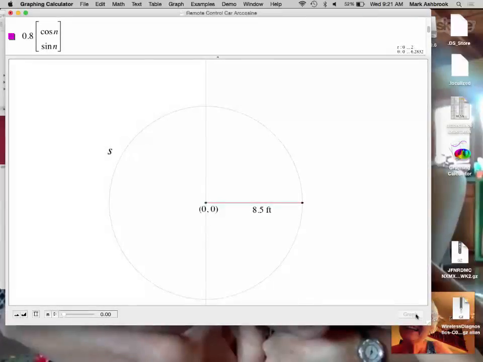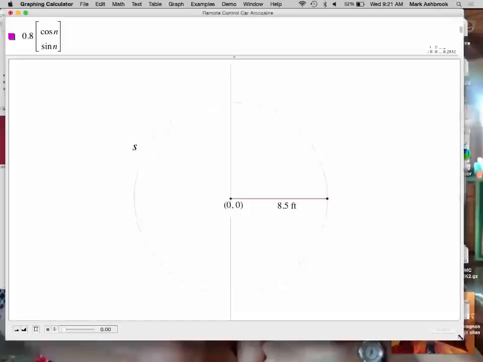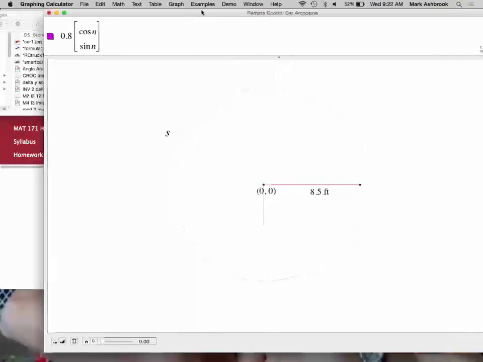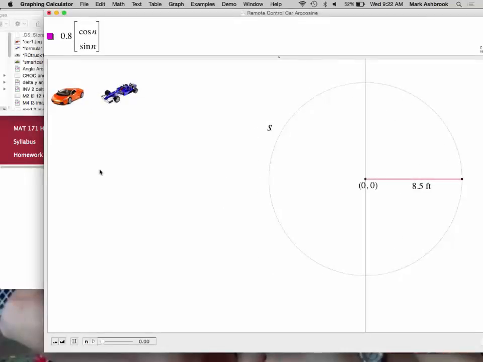We got a remote control car going in a circle of 8.5 feet. So first we have to pick what car we want, right? Of course, got to have a good car here. So do we want the Formula One or do we want the Lamborghini? What's that?